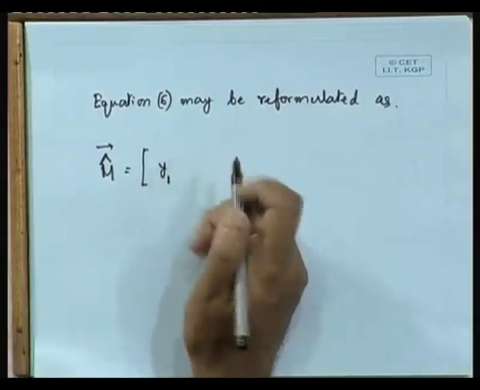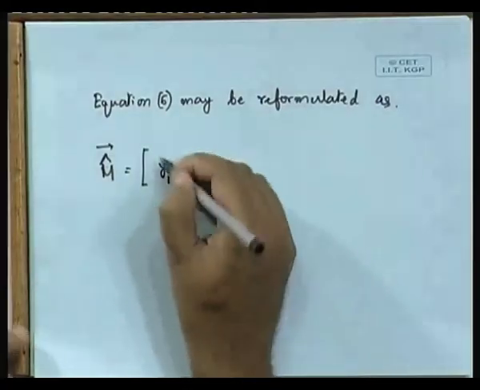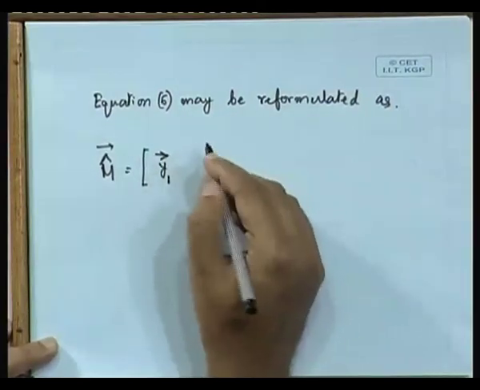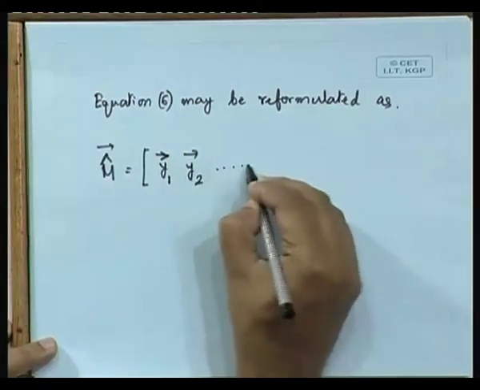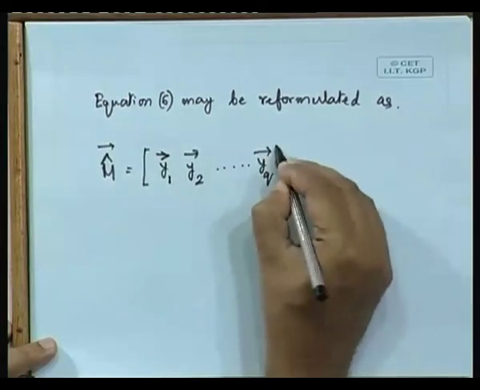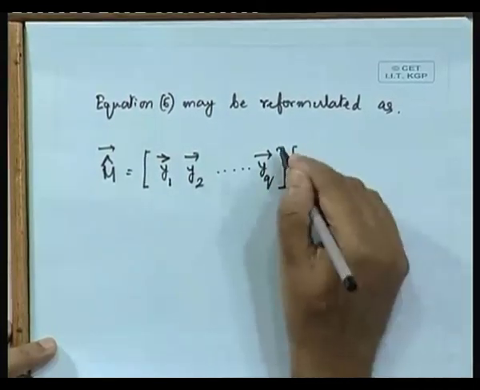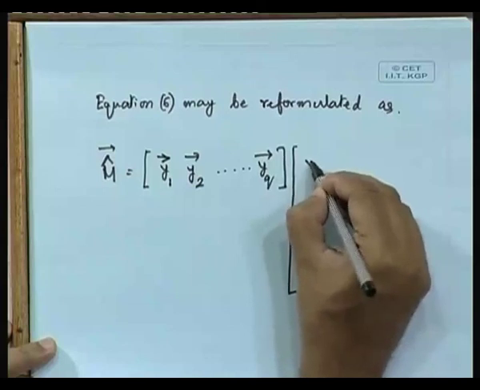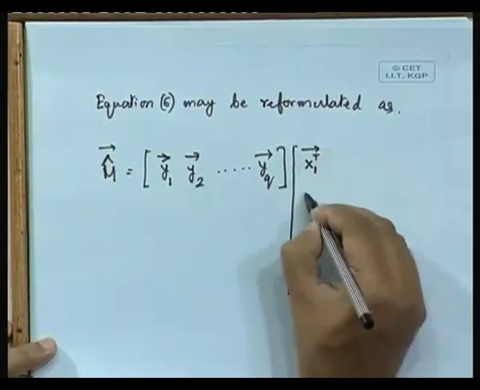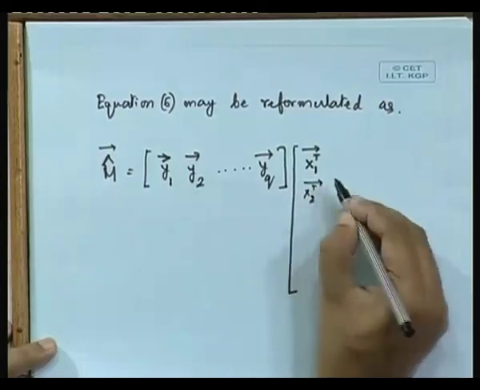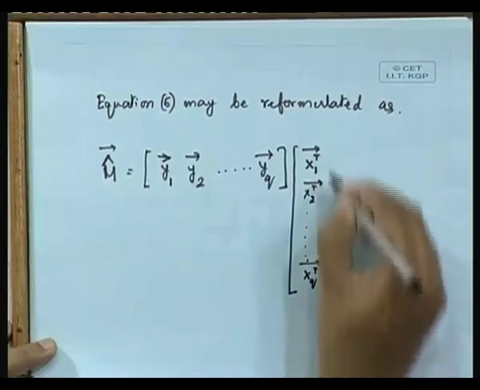So, since it is going to be a summation for k is equal to 1 to q, we can write the individual vectors, that is y1 vector, y2 vector up to yq vector, again because we have got q patterns fed to the system, okay, and the input stimuli corresponding to that are x1 transpose vector, x2 transpose vector up to xq transpose vector, okay.